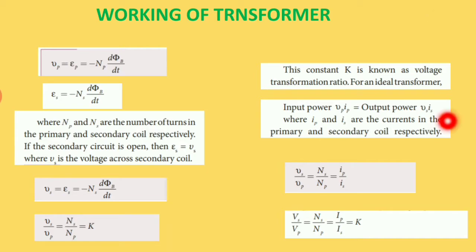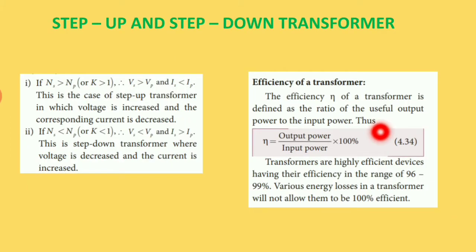So Vs by Vp is equal to Ns by Np is equal to Ip by Is is equal to K.